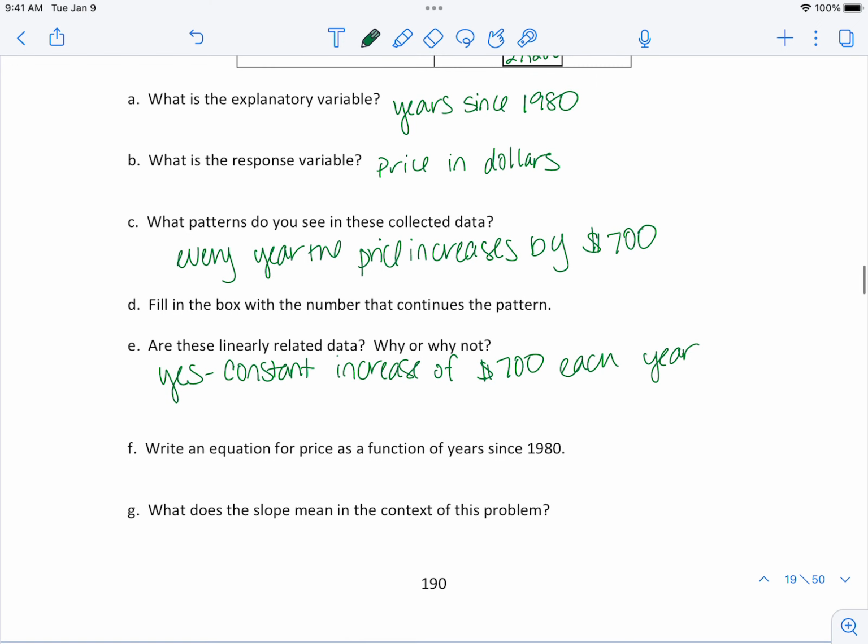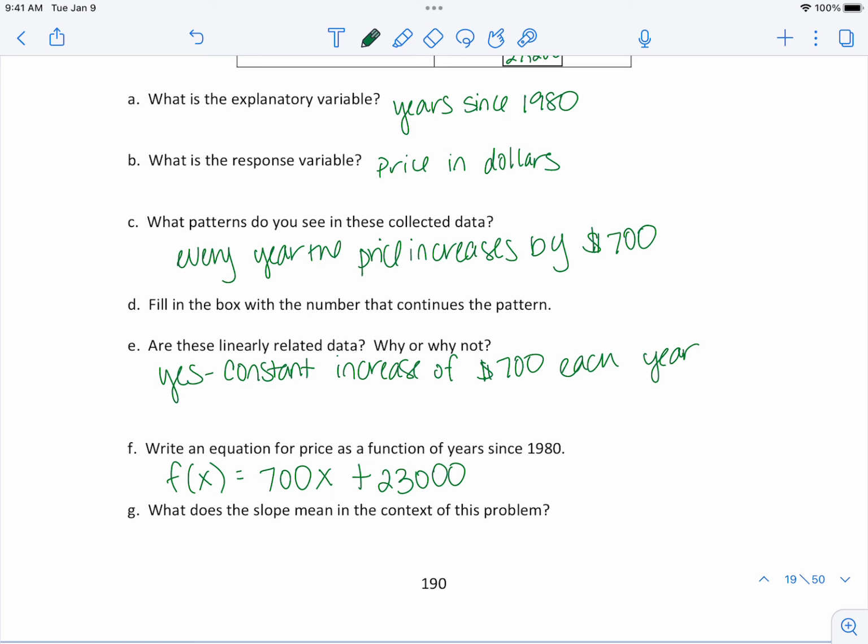Write an equation for price as a function of years since 1980. So we have f of x equals, now our change of $700 per year, that's going to give us our slope. So we can say 700x plus our y-intercept, which is our starting value, the $23,000.